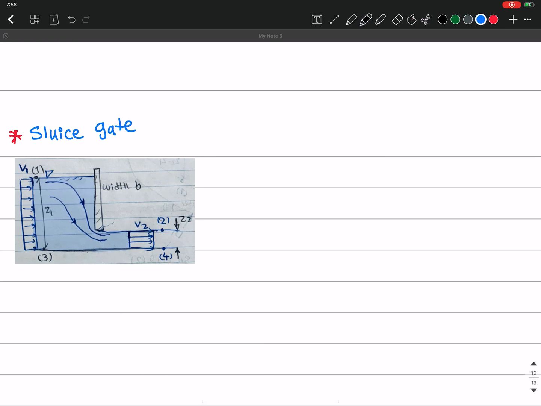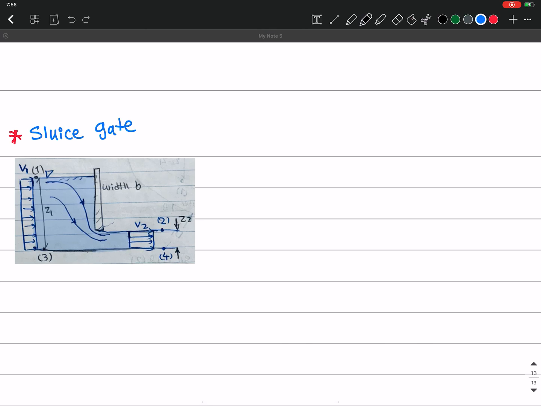So this gate is, for example, at the beginning here, and then we just move it a little bit upward, and so the water moves from here to the downstream, right? So it moves from the upstream to the downstream.